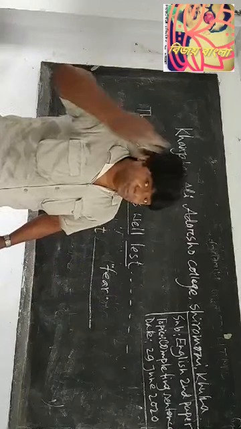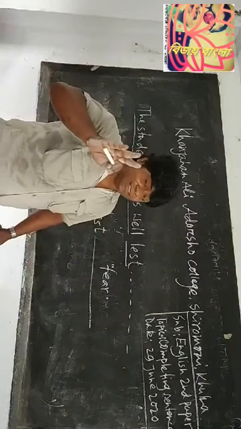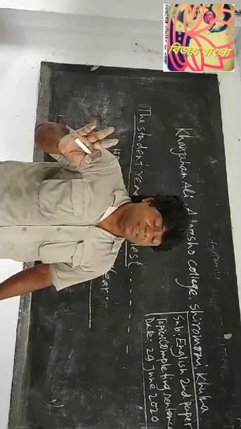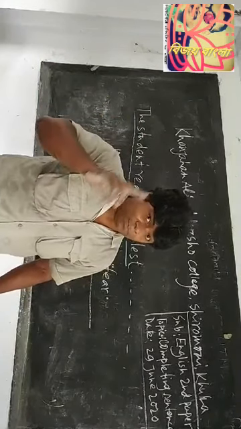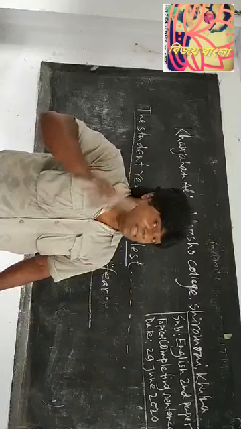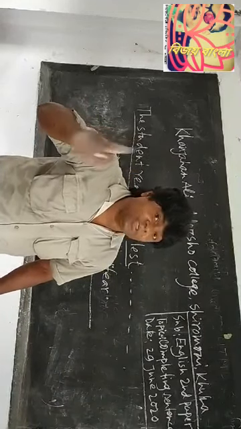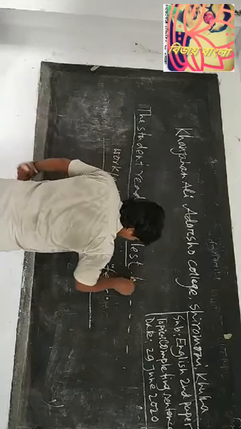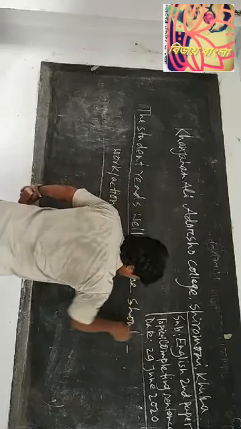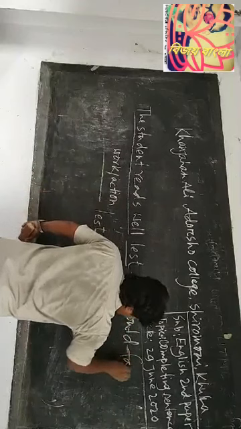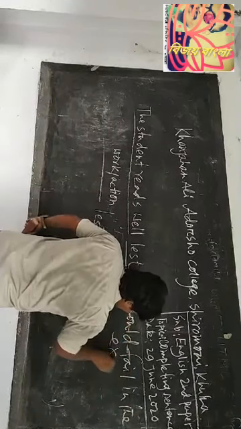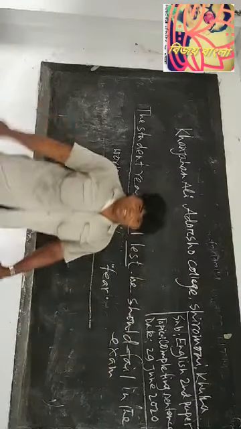For which fear? The fear is fail or pass. I think the fear is not the passing. The fear is for the failing, for the failure. So, I should write, he should fail in the exam. He should fail in the exam.